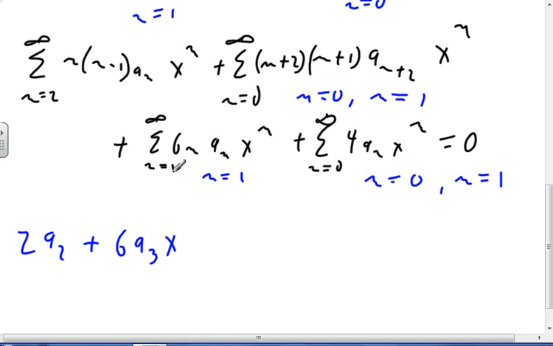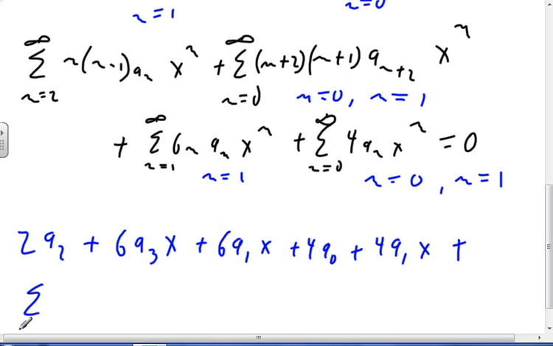I'm going to take the n equal 1 guy out of there, plus 6a1x, the 0 guy out of here, plus 4a0, plus 4a1x, plus summation n equal 2 to infinity.